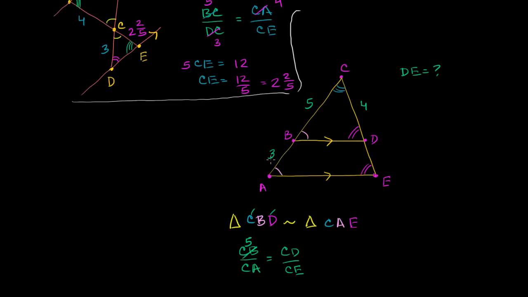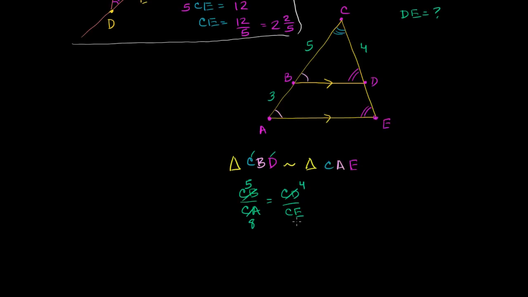CA, this entire side, is 5 plus 3, so it is 8. And CD is 4. Once again, we can cross multiply. We have 5 times CE is equal to 8 times 4, which is 32. And so CE is equal to 32 over 5, or 6 2/5.